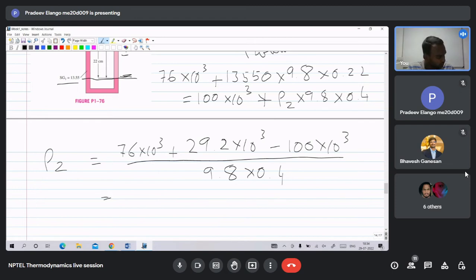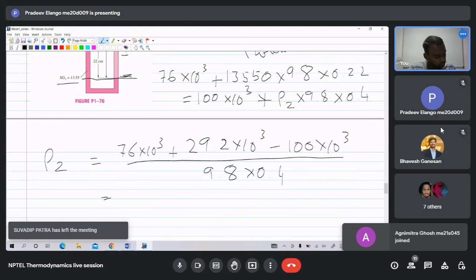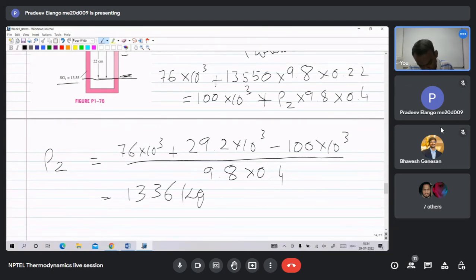So this is 1336 kg per meter cube. So now to calculate the specific gravity, we have rho 2 by rho of water, that is 1000. So it should be 1.336.